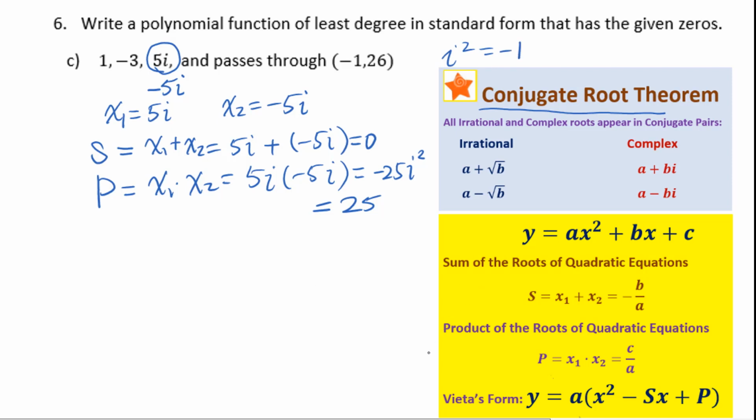So we use Vieta's form, y equals, assume this a is 1. Then we have x squared minus sx plus p.